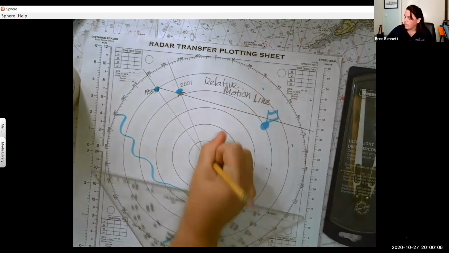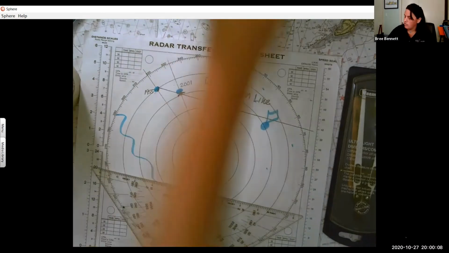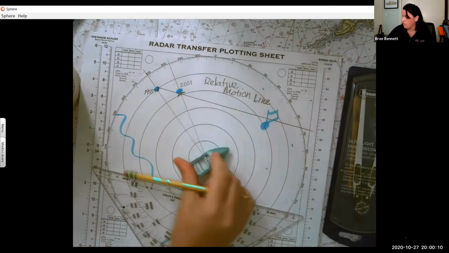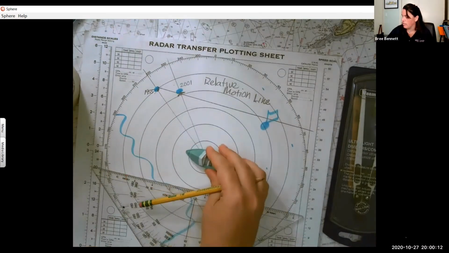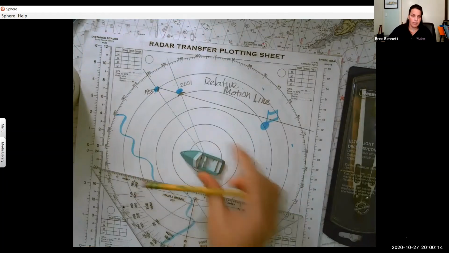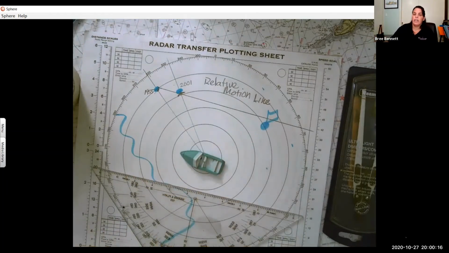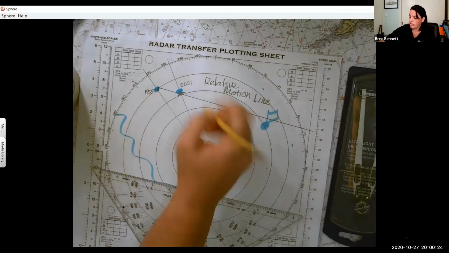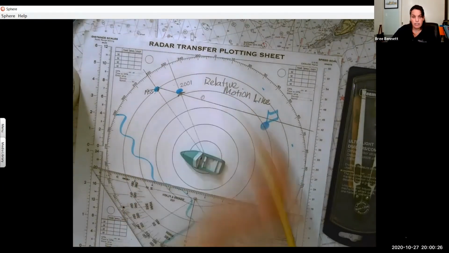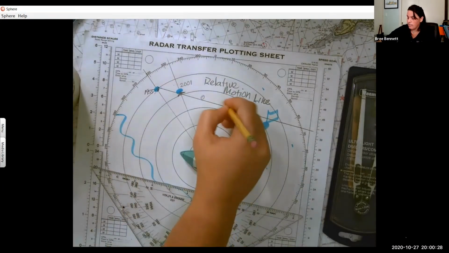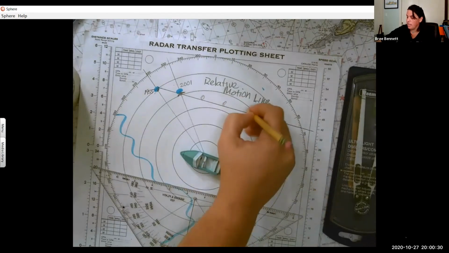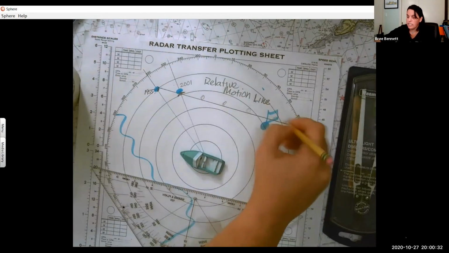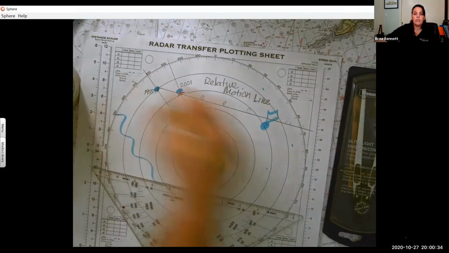So if I am here, maybe I'm over here, it doesn't really matter. Wherever you're pointed, if I continue my course and speed and it continues its course and speed, 6 minutes later, it'll be right here. 6 minutes after that, it'll be right here. 6 minutes after that, right here. It will continue along that line.